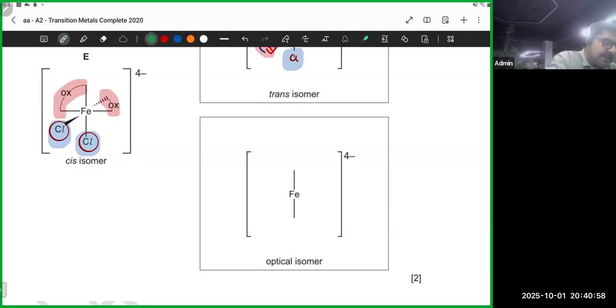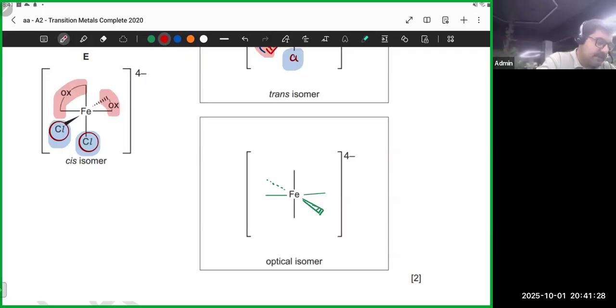So I'm going to try and draw the mirrored version. The dotted line goes on this side. The first thing is I'm mirroring everything.